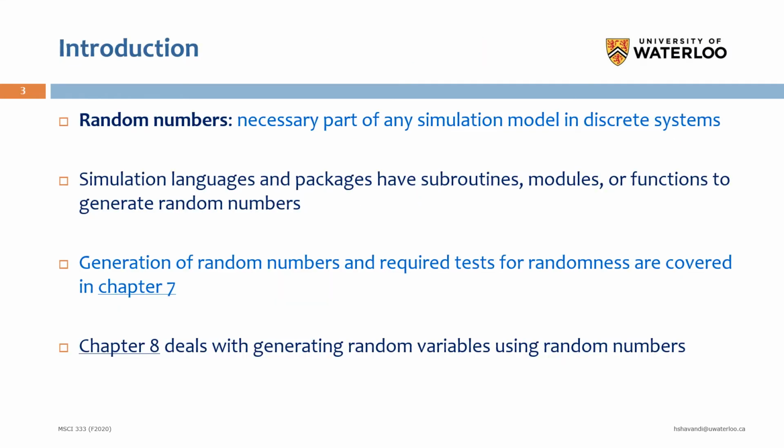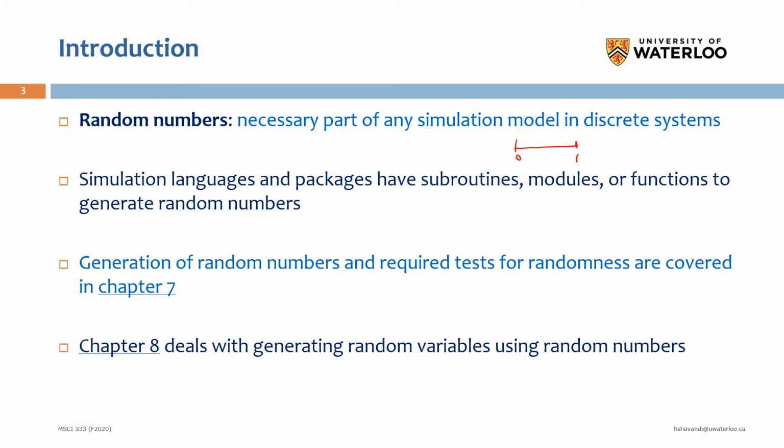As you remember, a random number is any randomly generated number between 0 and 1, right? And again, without this element, we cannot run a simulation model. As you remember in Excel, we had this element, because without this we couldn't generate a random variable from a specific distribution, right?